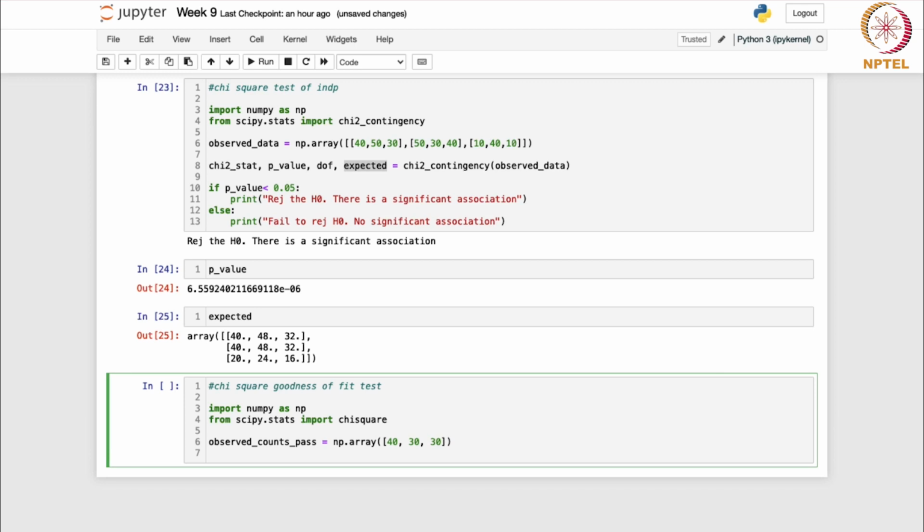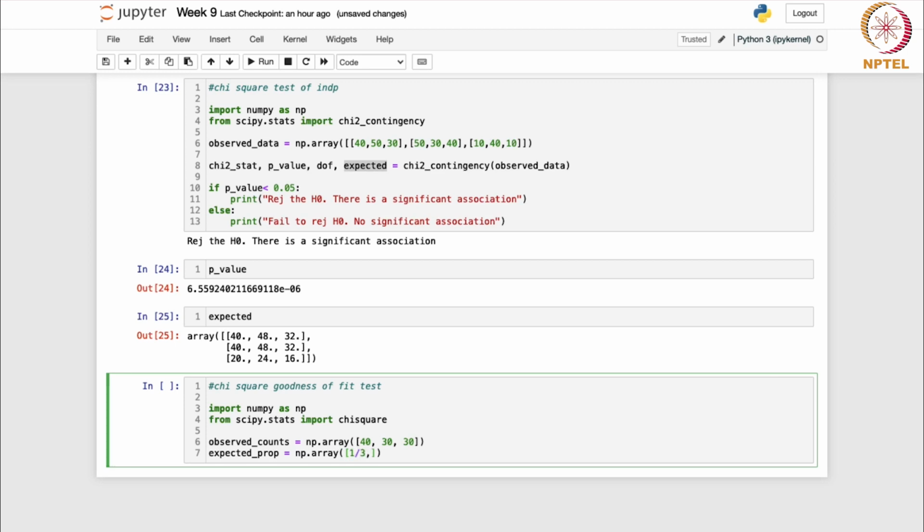Then what will be the expected proportion? So expected proportion would be what? np.array, so here 1/3 for each of them.